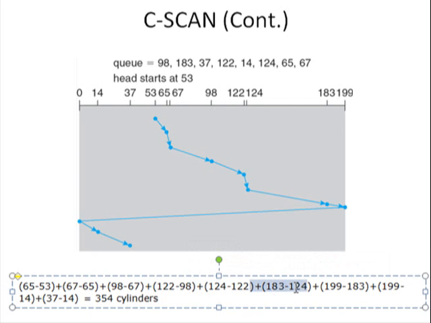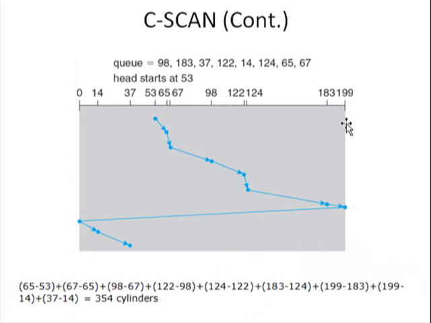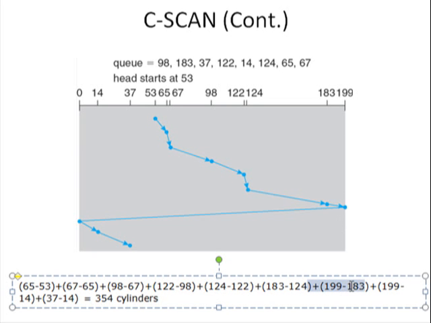So 183 minus 124. Since it moves to 199, the last location, you have to consider this 199 while calculating the total number of cylinders by which the head moves. So this is 199 minus 183 and 199 minus 14.